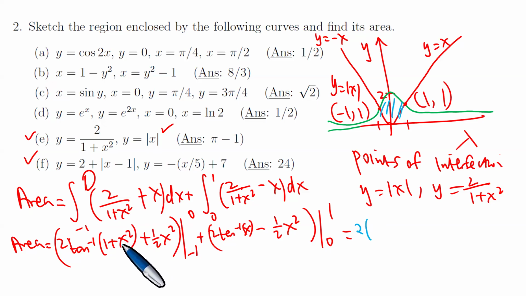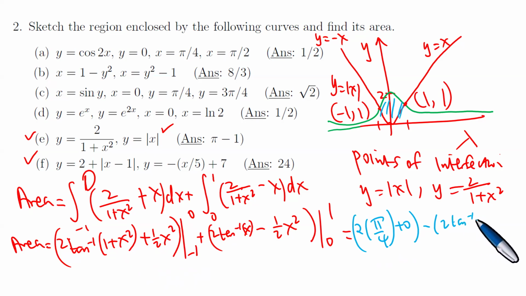If you put the 0 in place of x, then it's 0 squared plus 1, which is arctan 1. Arctan 1 is pi over 4. Then you put the 0 here. And then you put minus 1. Arctan 2.